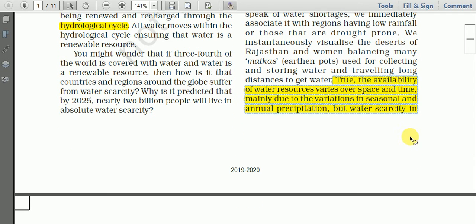So number one point is that we have shortage of water because of variations in seasonal and annual precipitation.